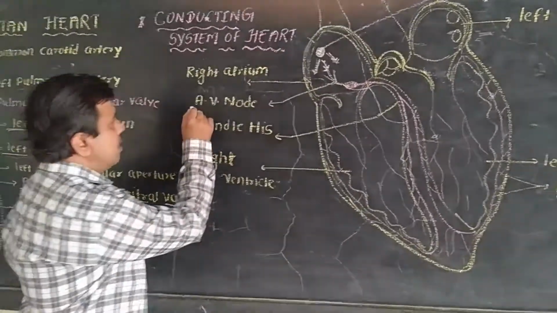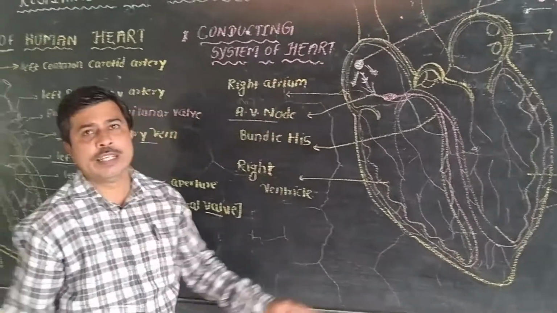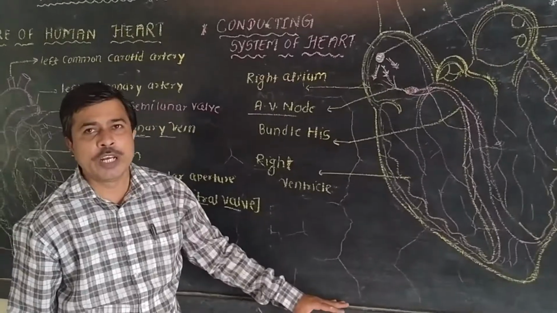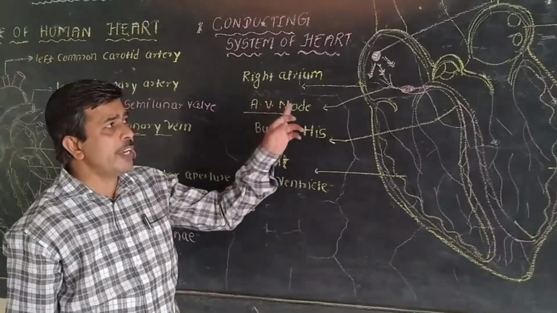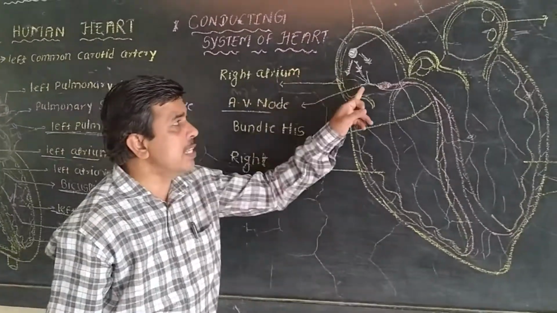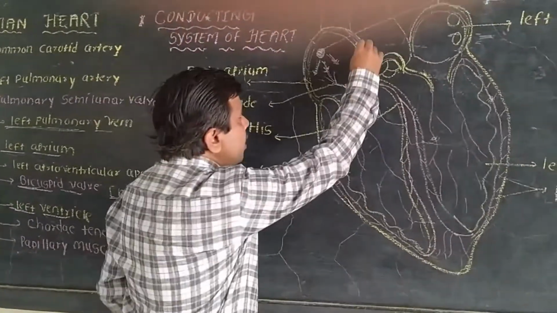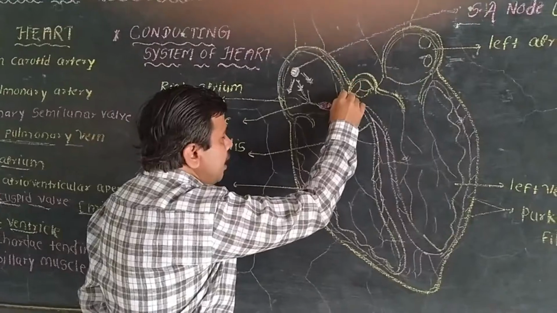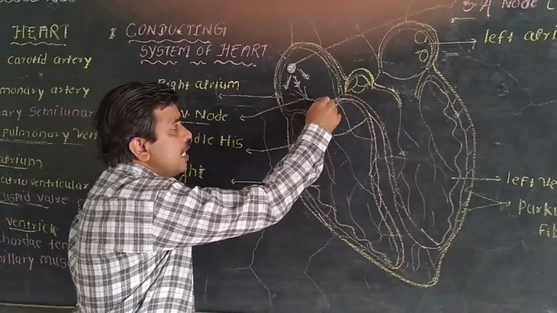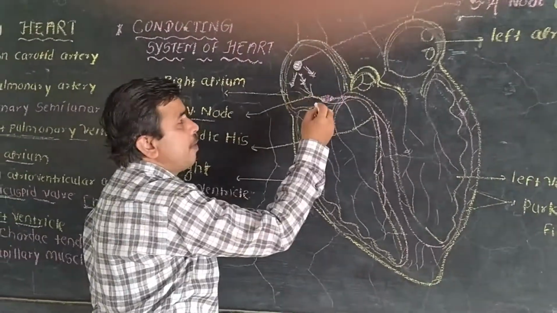This is known as the AV node, that is the atrioventricular node. This atrioventricular node is also present in the right atrium at the base of the interatrial septum, or interauricular septum.